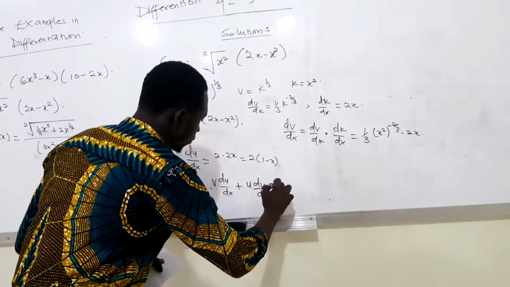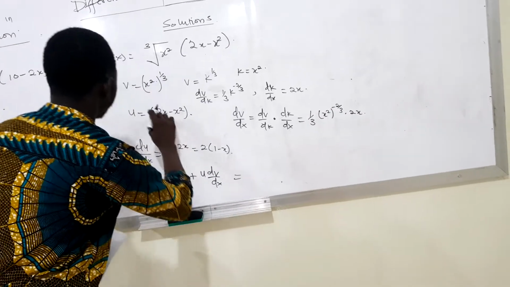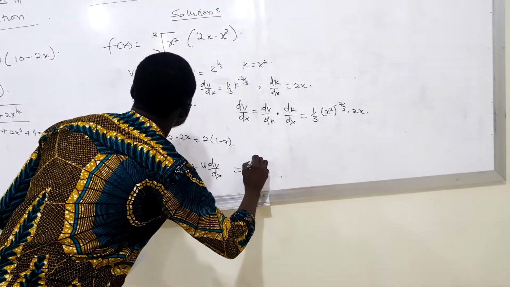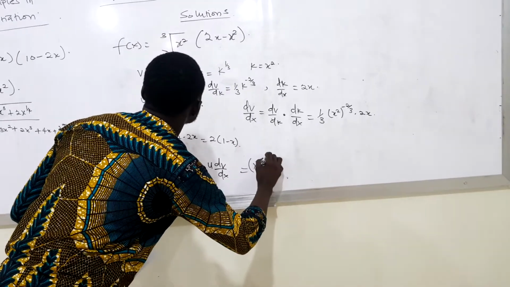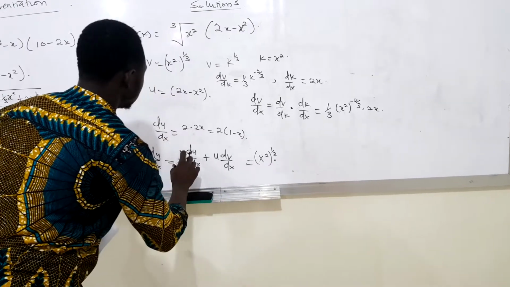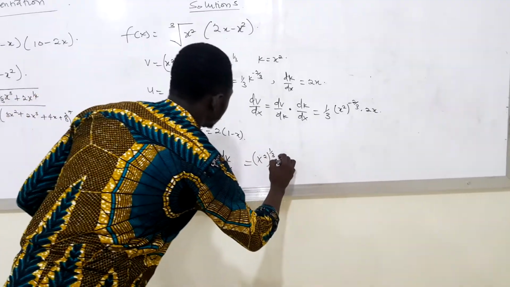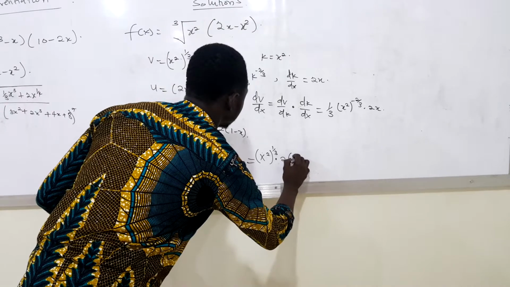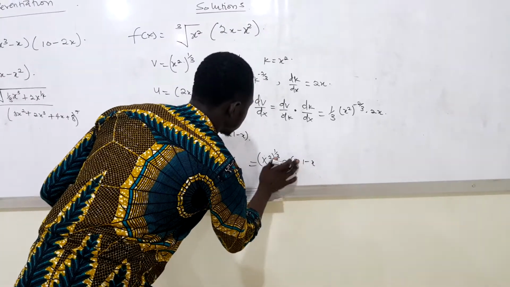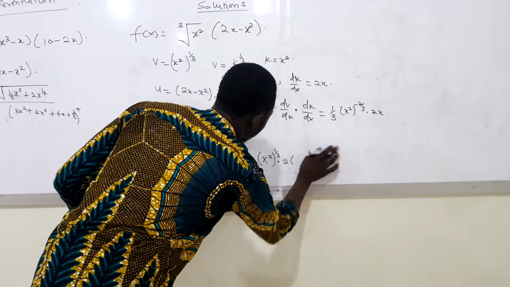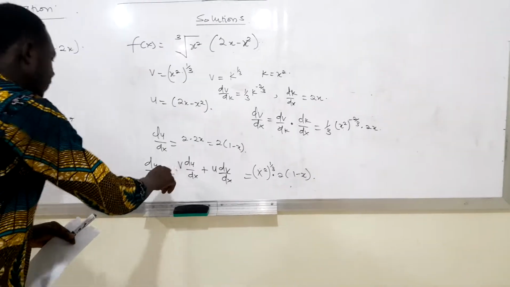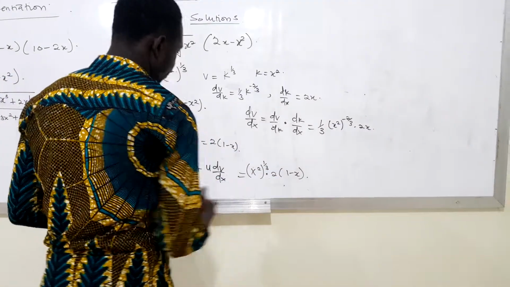So my v is the expression (x squared) to the exponent 1/3 multiplied by my du/dx, which is 2 multiplied by 1 minus x. So that is my v du/dx here.